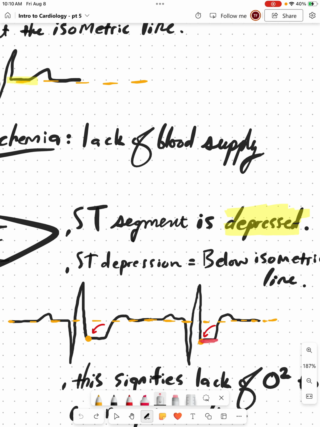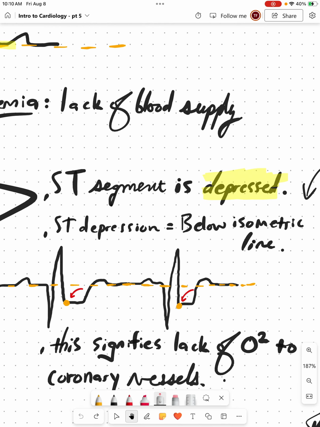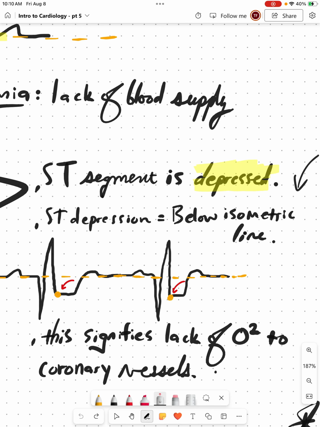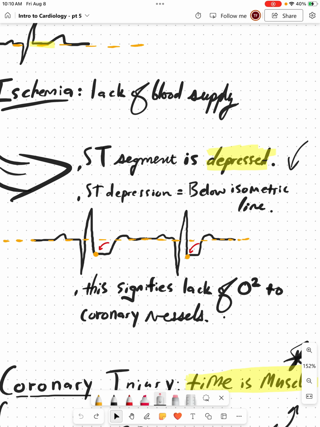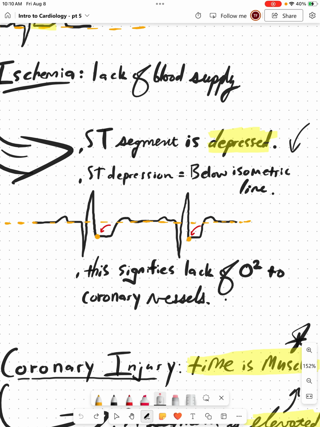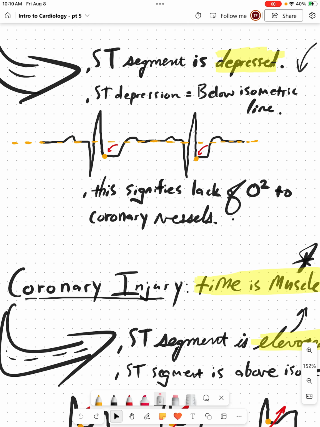This is my ST segment, and this is my J point. And you see here, it is below the isometric line. This signifies a lack of oxygen to the coronary blood vessels for one reason or another. It could be a blockage, it could be a stenosis, it could be a form of shock, it could be a number of things. Ultimately, these people need more definitive testing in the emergency department.